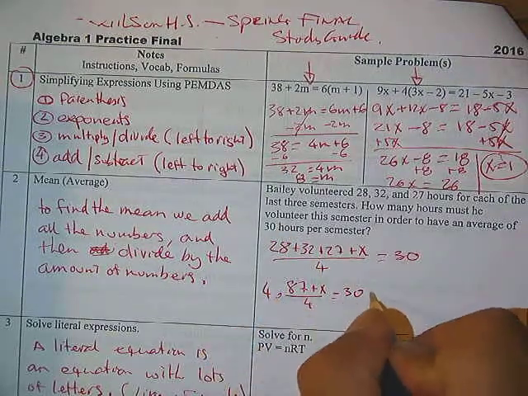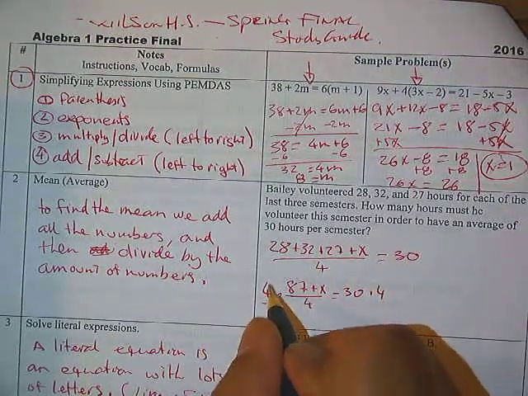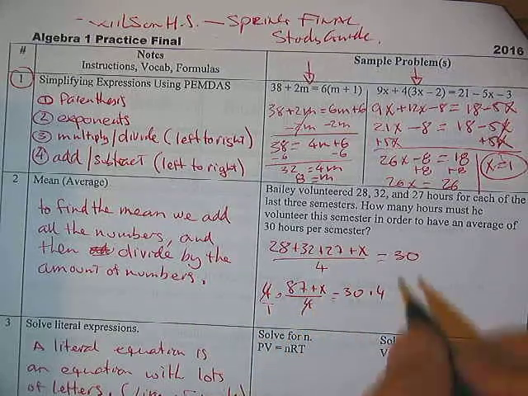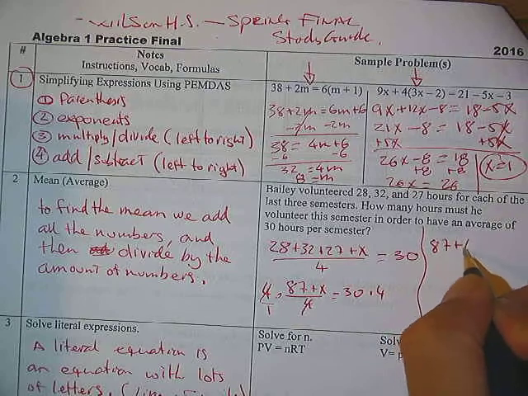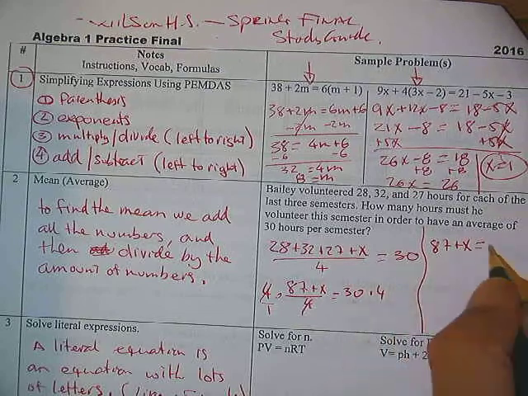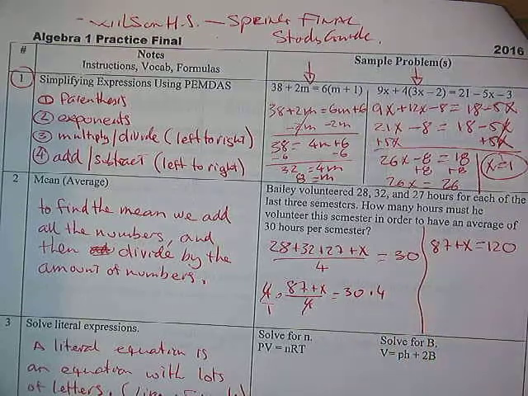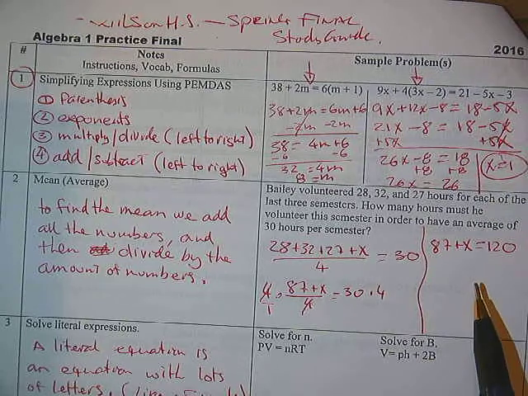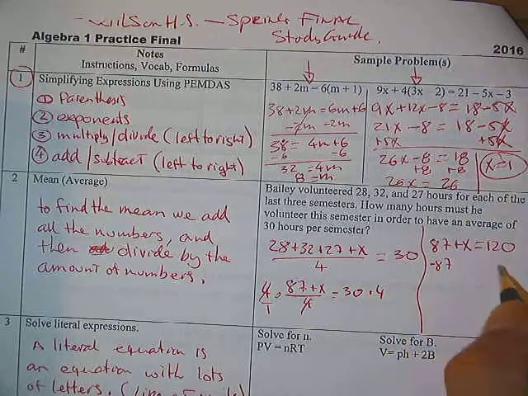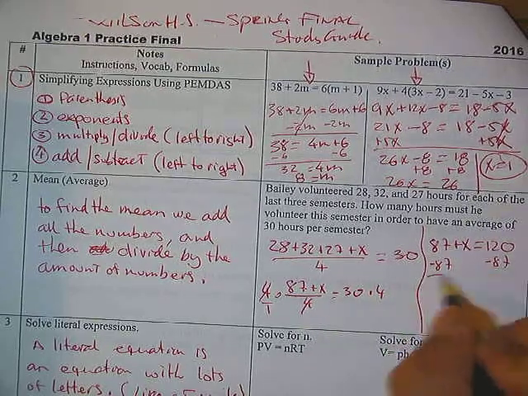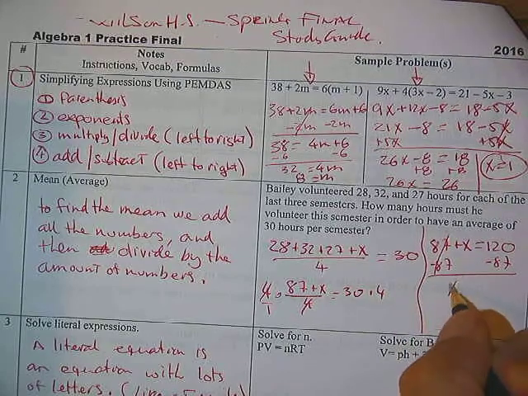So our goal is to solve for the x. We want to get rid of this divide by 4. So multiply both sides by 4. We have 4 over 4, that reduces down to 1. And we have 87 plus x is equal to 120. So to solve for x, we can take 120 and we minus 87 to both sides.